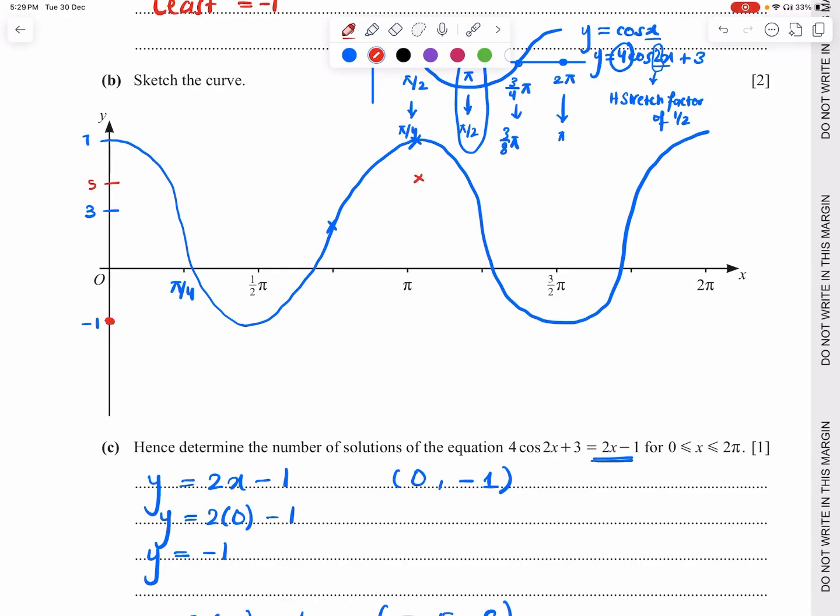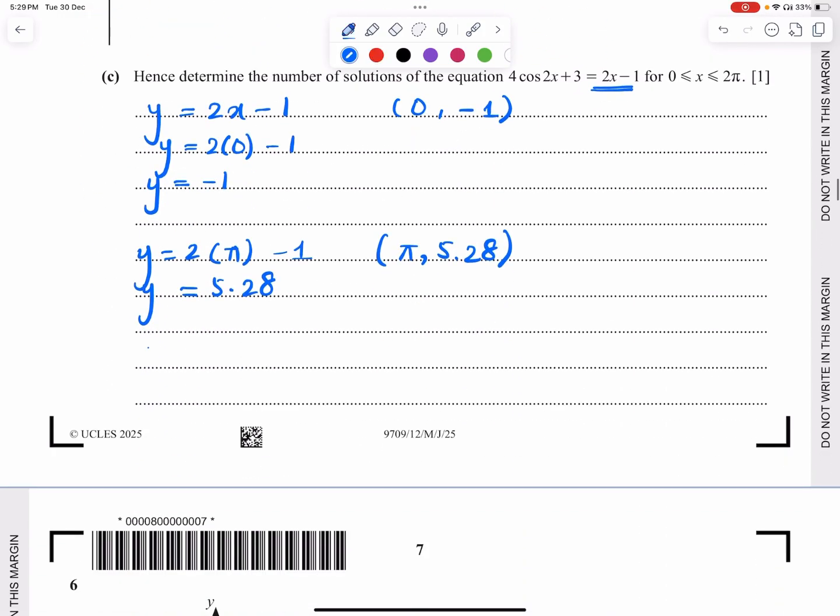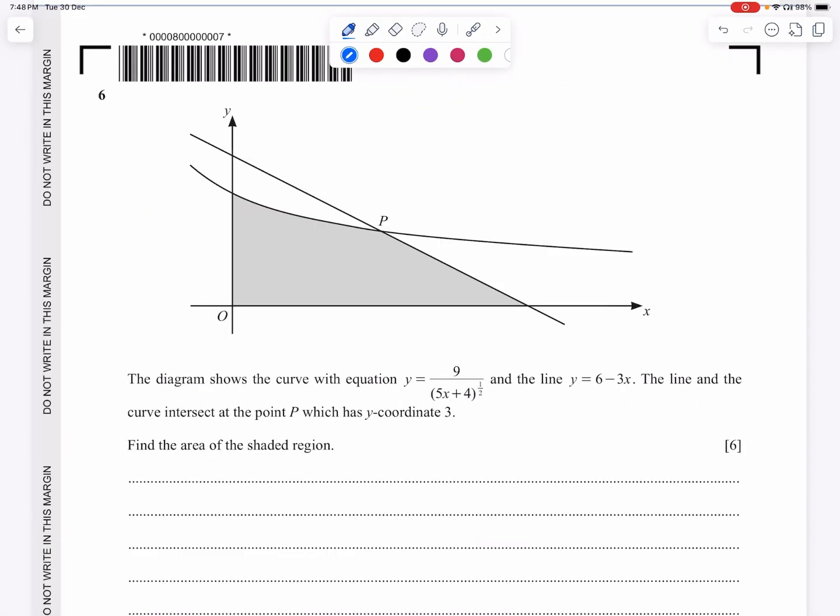So a very rough estimate, somewhere over here. And therefore you can see that this has three intersections. 1, 2, 3. Therefore you can say that this has three solutions. As simple as that. Alright, now moving on to question number 6.